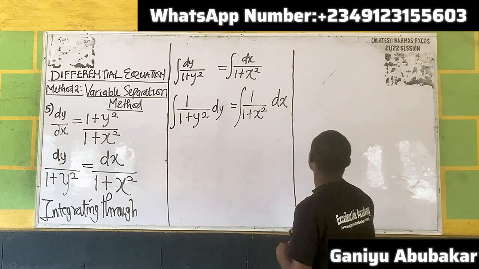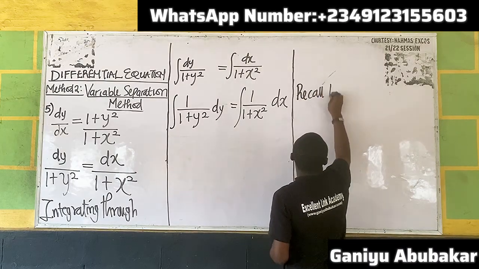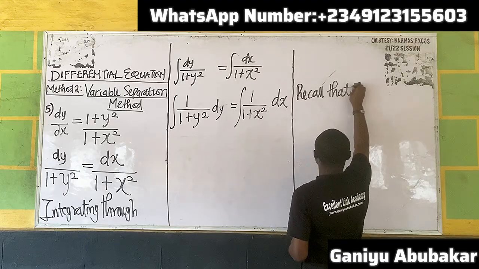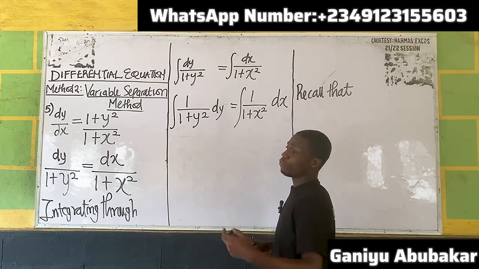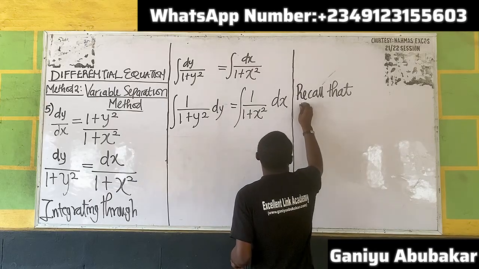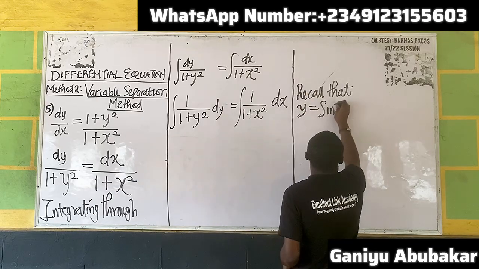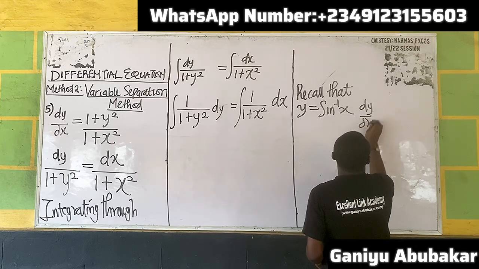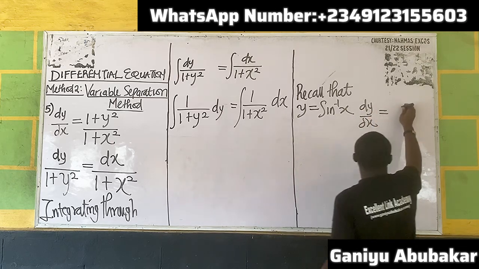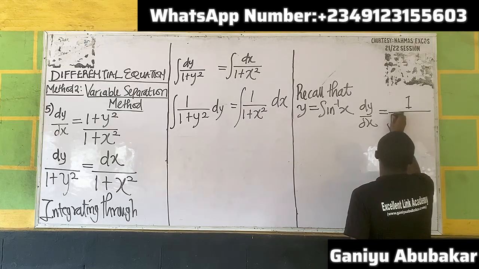Please recall that when it comes to differentiation of inverse trig functions, given that y is equal to sine inverse of x, we said dy over dx will be equal to 1 all over root 1 minus x squared.